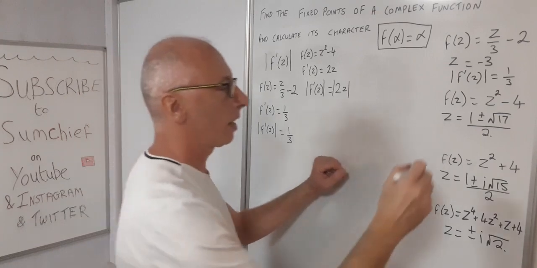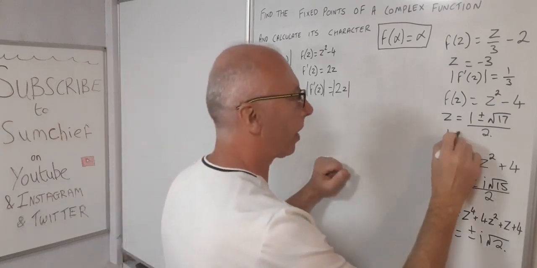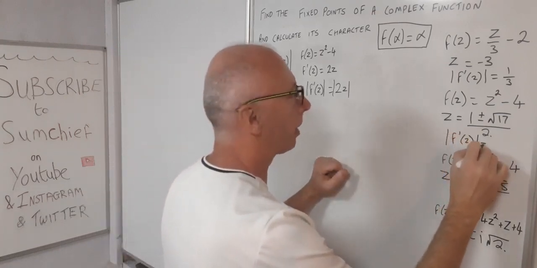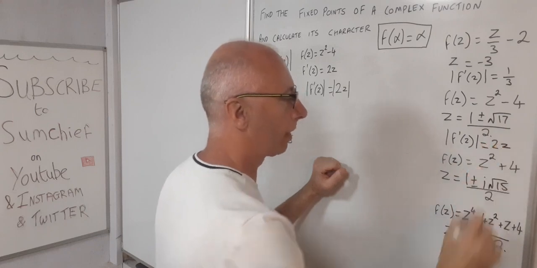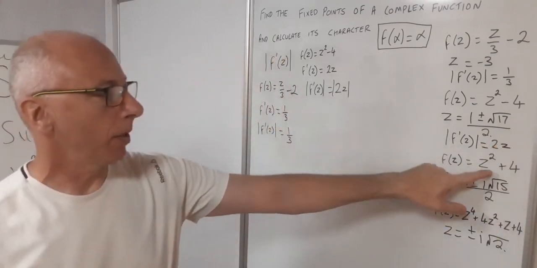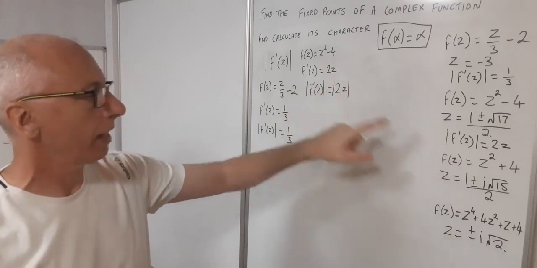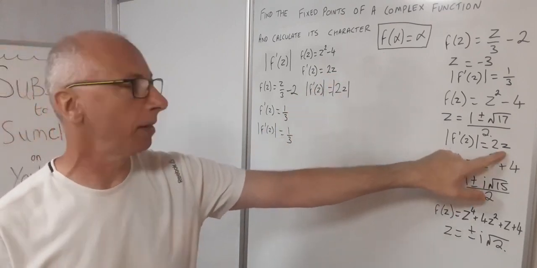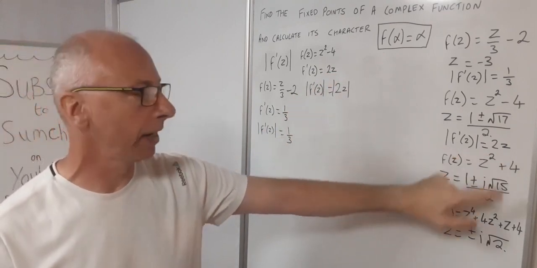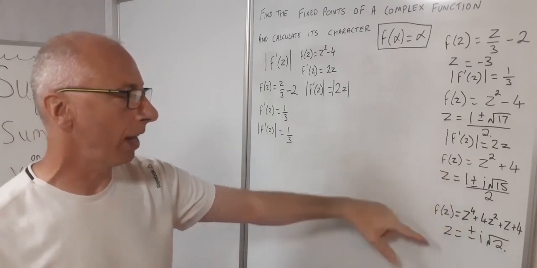Okay, so let's just write that in there. So f prime of z equals 2z. Now this one here, z squared plus 4, take the derivative of that, we're going to be left with the same equation there, 2z. So I'm not going to bother with that, we'll just use that for that one.